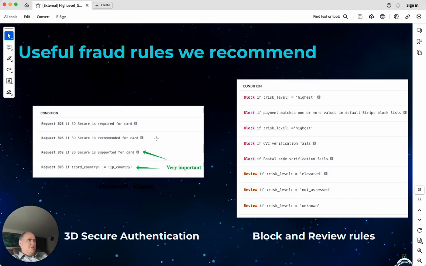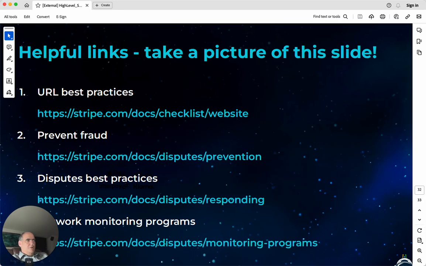So I thought it was interesting that they are capturing the IP address, comparing it to the country, and then determining whether or not you go through this secure authentication. I'm not sure what these other things are here, but it's got some, don't do this, review these under these conditions.